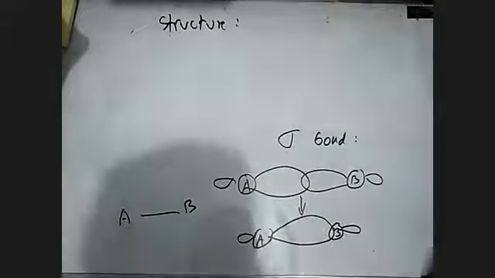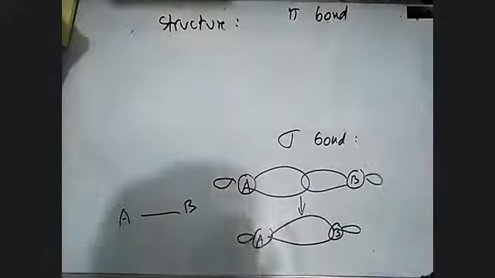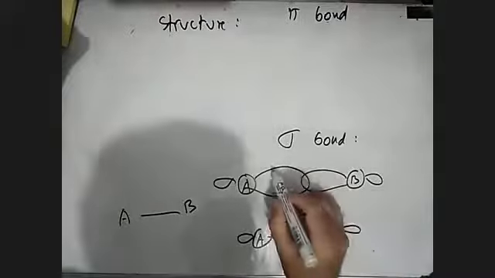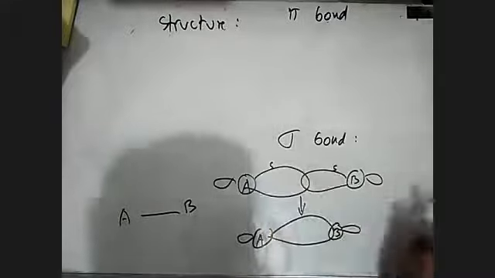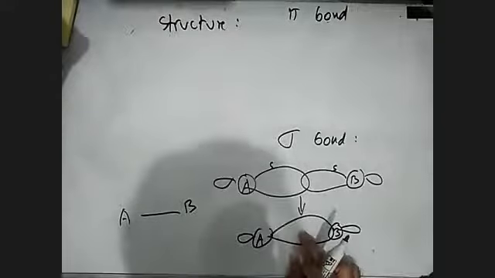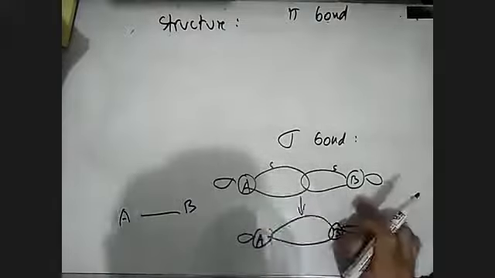Now, we're going to have a second type of orbital that we call pi orbital. A pi bond happens if we have pi orbitals. The s orbital result becomes a sigma bond. The s orbital happens between the two nuclei.